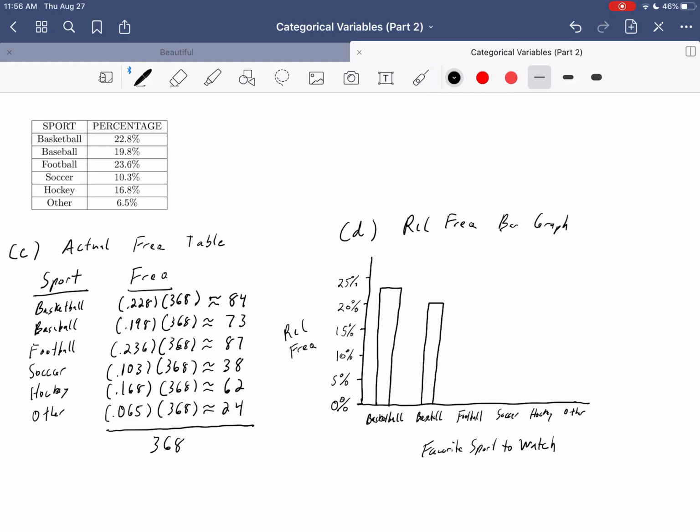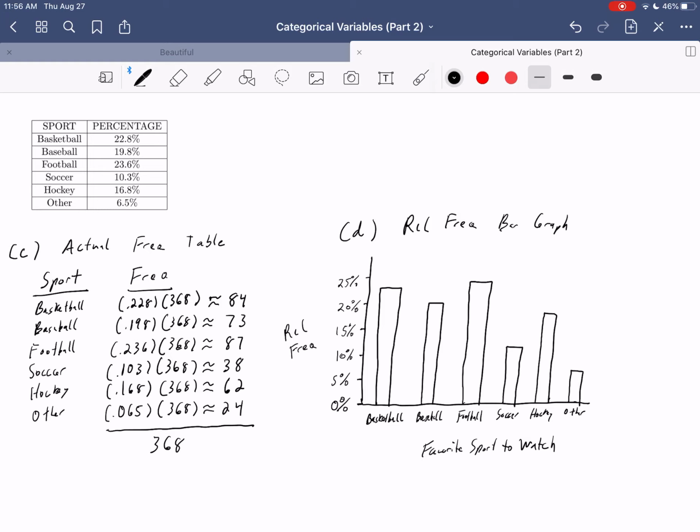For football, we want to go to 23.6, which would be just a little bit beyond the basketball one. For soccer, we want to go to 10.3%, so just barely over the 10% mark. For hockey, 16.8, so we want to go a little past the 15%. And then for the other, 6.5%. So there we go, something like that.